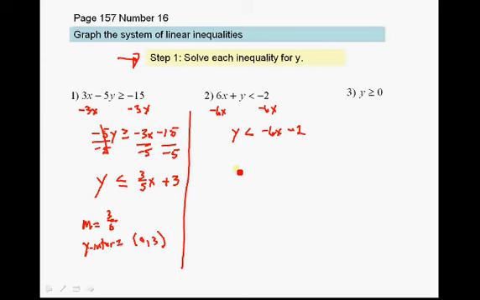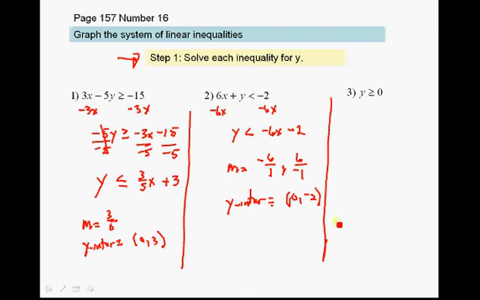It's set. So the slope equals negative 6 over 1, or we could say the slope equals 6 over negative 1, and the y-intercept is 0, negative 2. Now, this one's already set up. Y is greater than 0, it's already solved for y, so we don't have to do anything there.